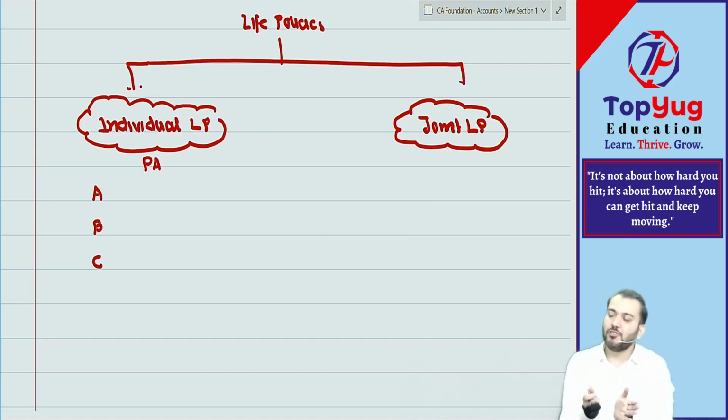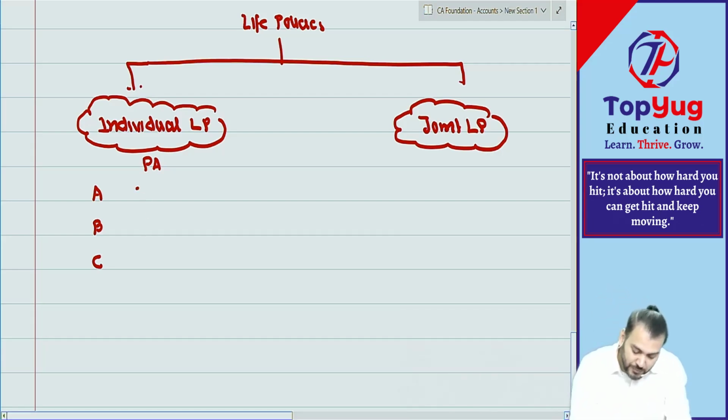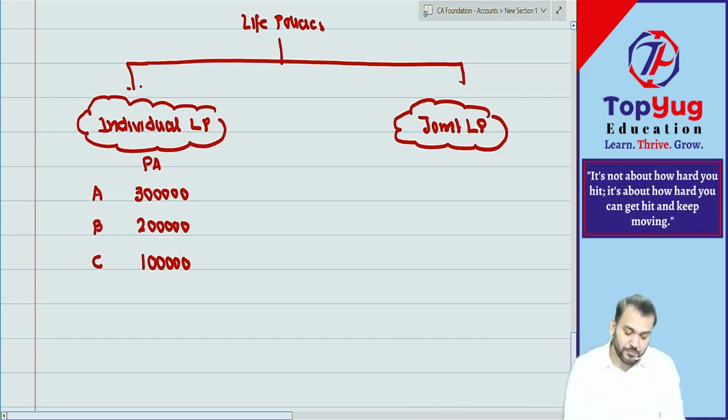Suppose you pay 20,000 every year for 20 years, so 20,000 into 20 years, with interest, that amount will be assured. Are you getting what I am saying? So suppose the assurance was taken for 3 lakh on the life of A, 2 lakh on the life of B, 1 lakh on the life of C.